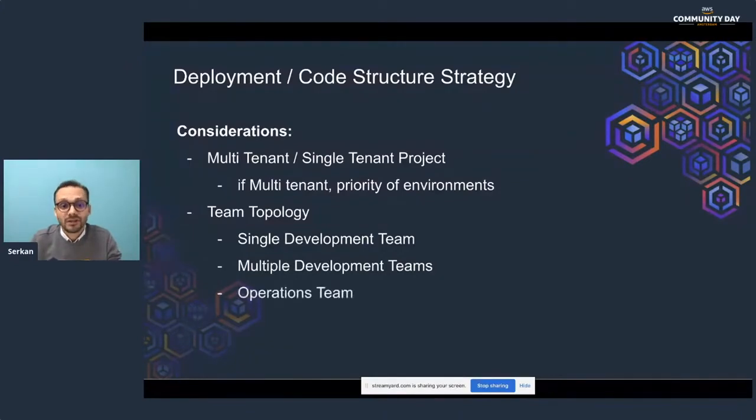If you have an operations team, they are responsible for deployments. If you have a security team, in an enterprise environment, they are responsible for the security of your Kubernetes environment. That's a completely different story. So you should define your code structure considering these points. There is no actual true and false. You just need to define it based on your requirements.